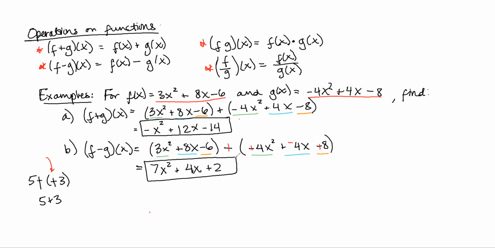In the next set of examples, we're going to be doing something similar, but we'll also be evaluating the functions. So in this set of examples, we're given f of x equals 18x squared minus 24x, and g of x equals 3x.